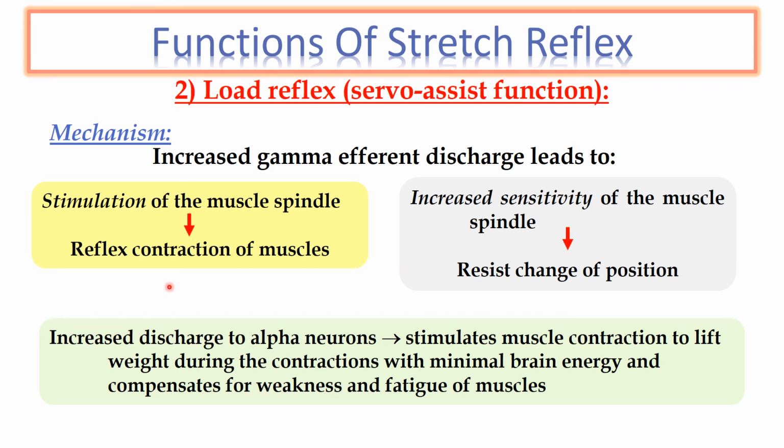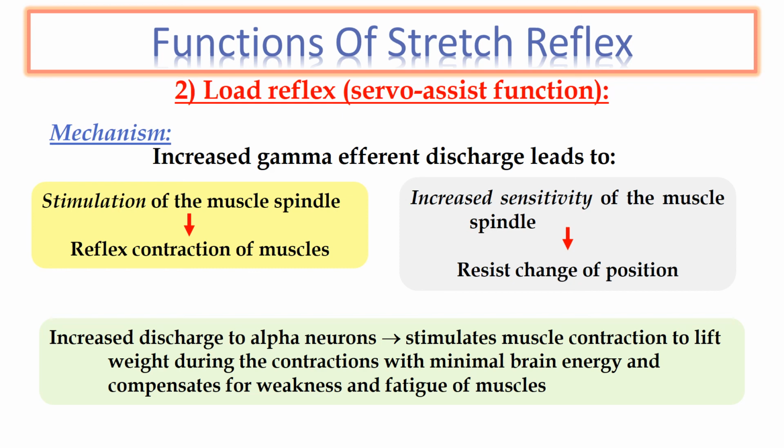So we increase the discharge to alpha neurons, but reflexly, by increasing the gamma efferent discharge, because when gamma efferent discharge increases, it leads to contraction of the peripheral contractile part, so the central part will be stretched and send impulses along the primary and secondary endings to the alpha motor neuron to contract.